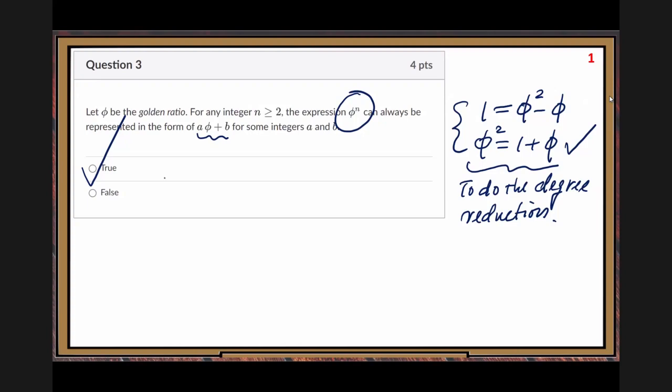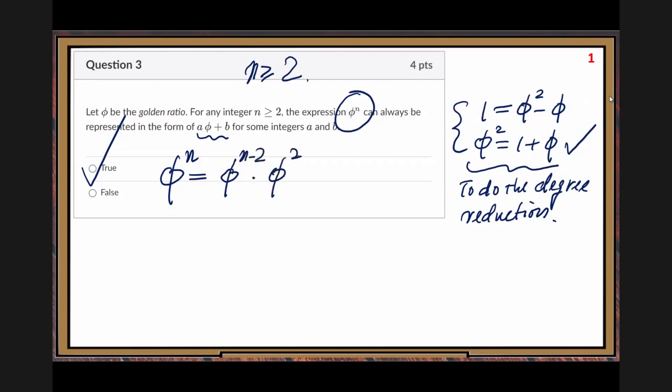We want to represent phi to the n. Let's assume n greater or equal to 3. So we try to reduce. Actually, greater or equal to 2, to do reduction. Reduce below 2, we're done. Less than 2, it's degree 1. So we write phi to the n minus 2 times phi squared.